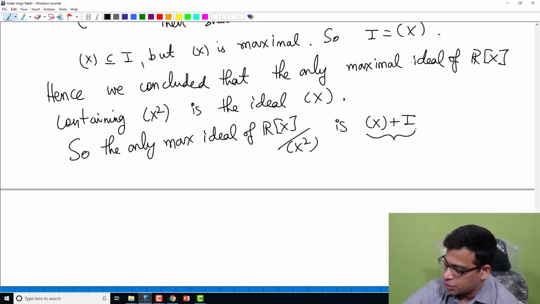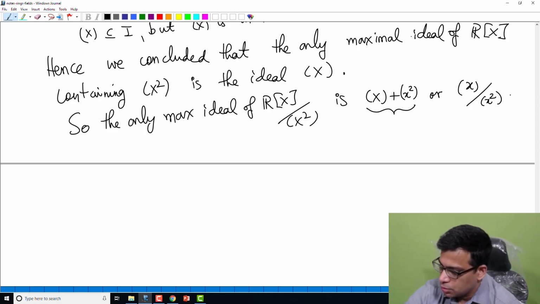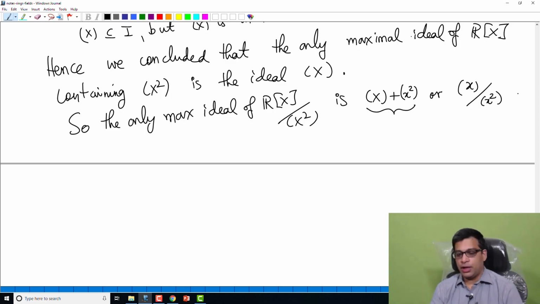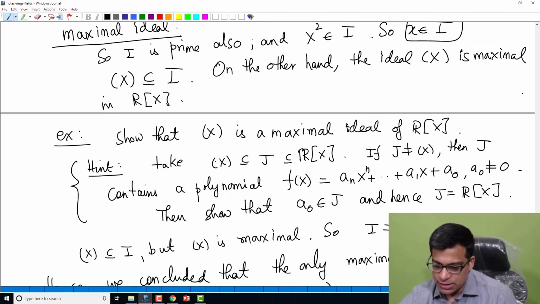Another equivalent notation is x plus x squared, I should write. This is bad notation, but okay. So in particular, there is exactly one maximal ideal of Rx mod x squared, and it is given by the ideal x.